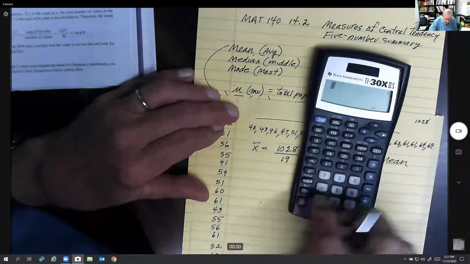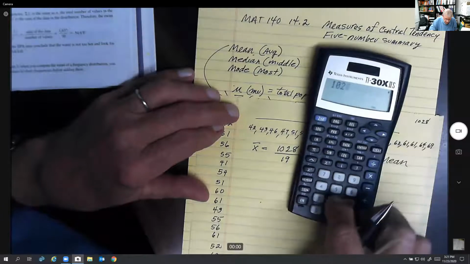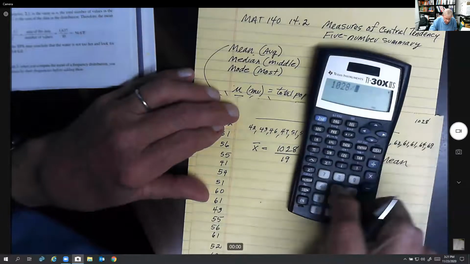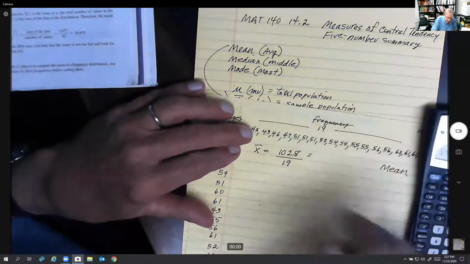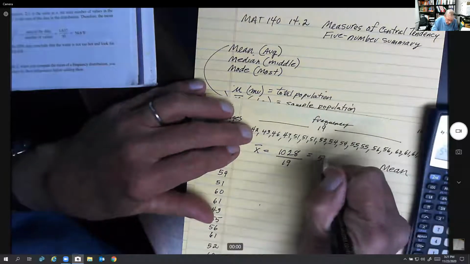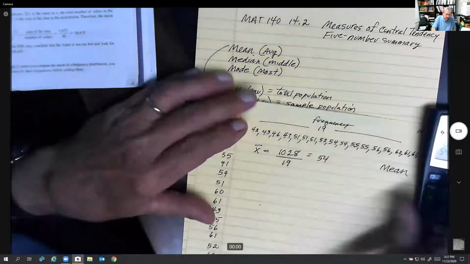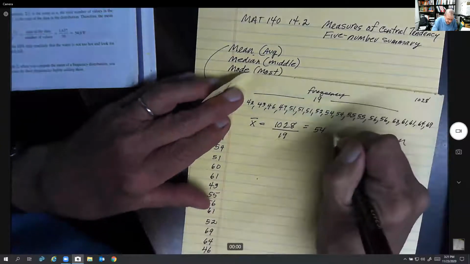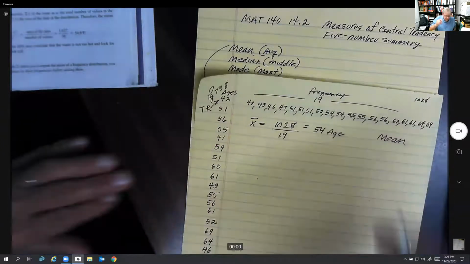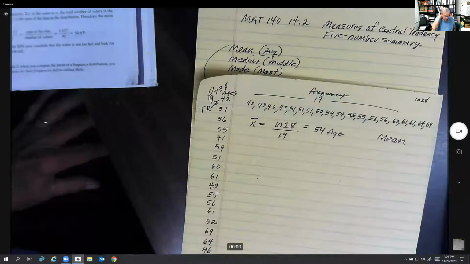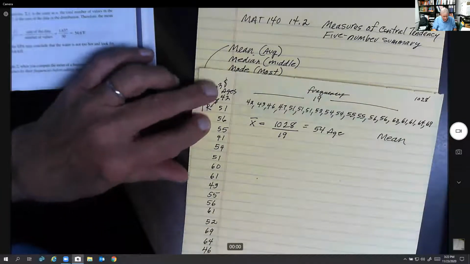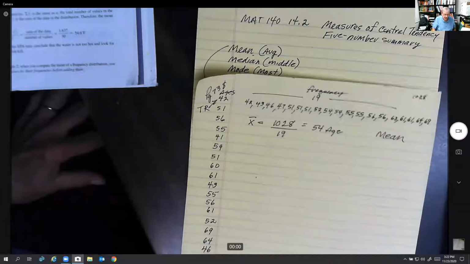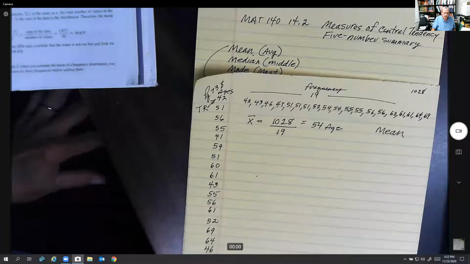1,028 divided by 19. So if I added it correctly, the mean is 54. That would be the average age. I rounded off to 54. You can see there are some presidents that are more and some that are less than 54, but that would represent the average age.